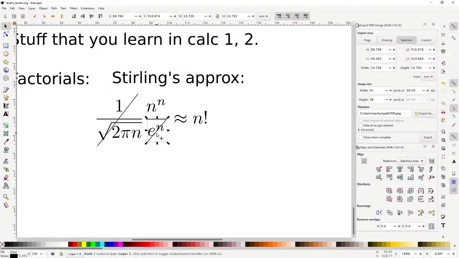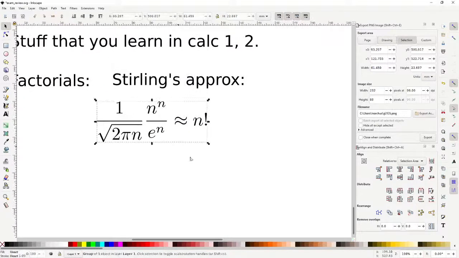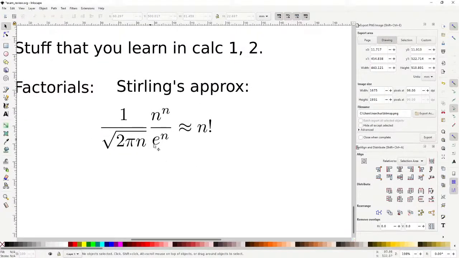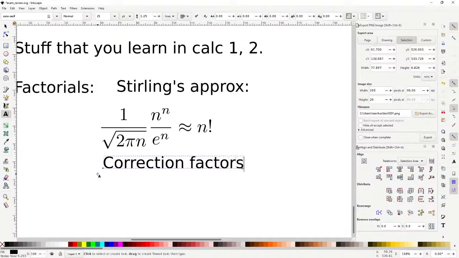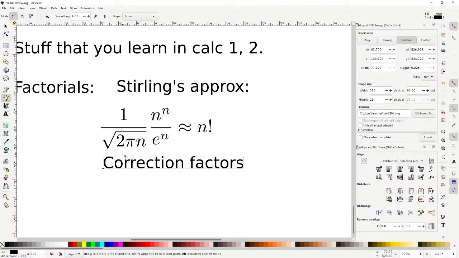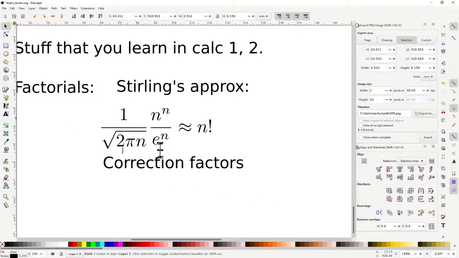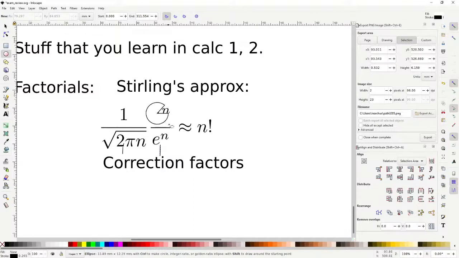And is it theta? I think it might even be theta of n to the n. Or I guess it's not quite theta because it has this e to the n factor, but the point is it's almost theta of just n to the n. These are just little correction factors, which can usually be ignored, this one first, and then sometimes this one. This is the driver. This is the thing that actually drives the behavior.